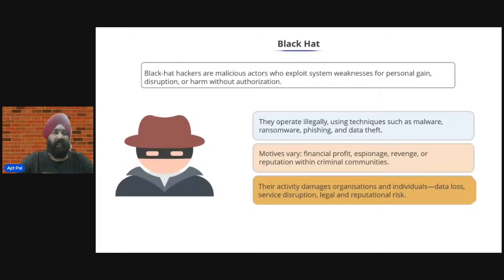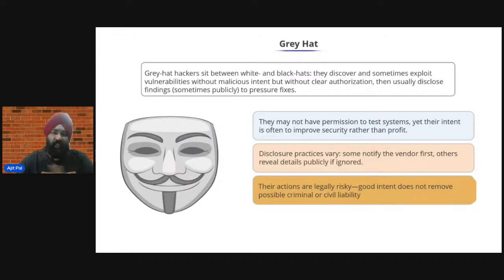Then we have gray hat hackers. Who are gray hats? They sit between white and black hats. And I tell you, in the real world also, there's nothing like black and white. It's all gray. So they find something. Suppose the organization is not paying any attention.